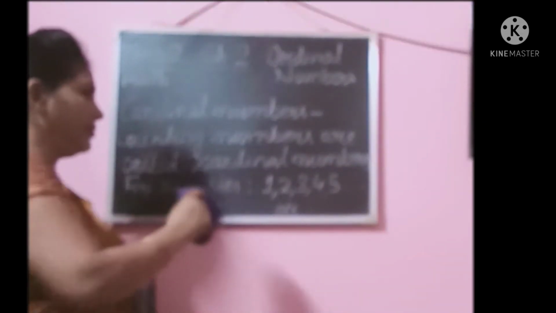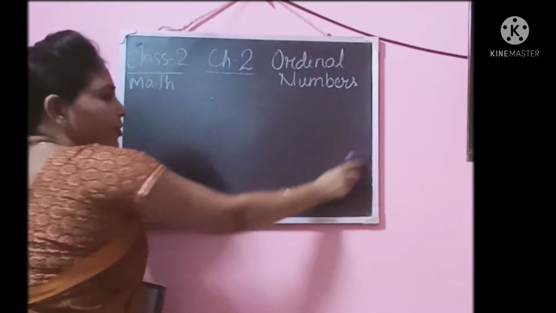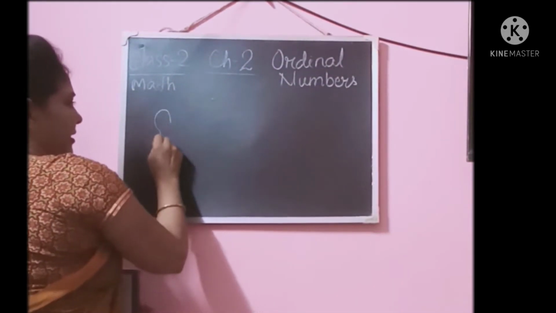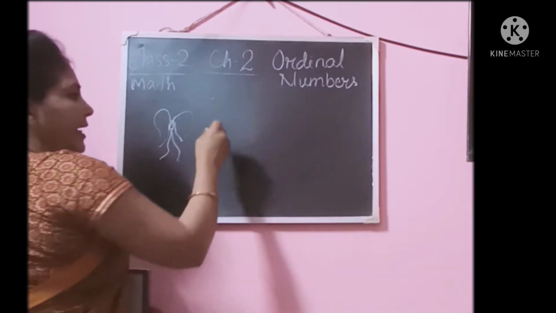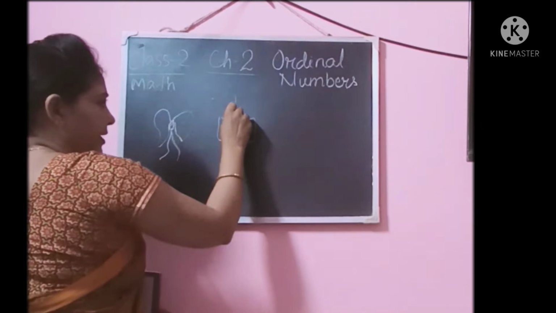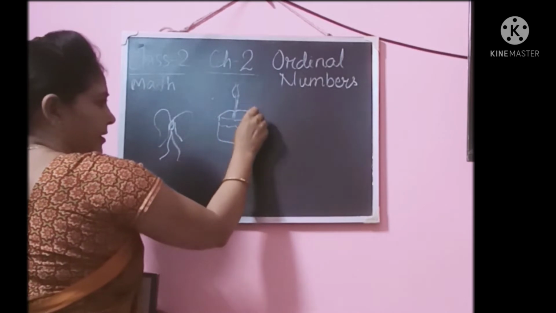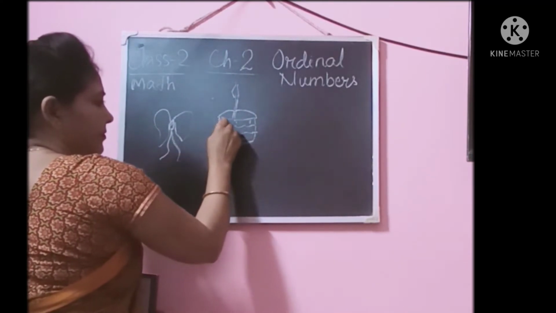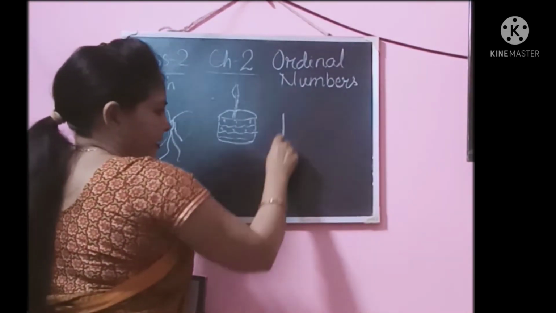For example, I am drawing a few objects. This is a bow. Then let's draw a cake. Okay, this is a cake, and let us draw one lollipop.